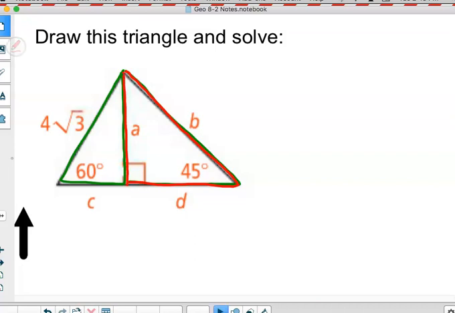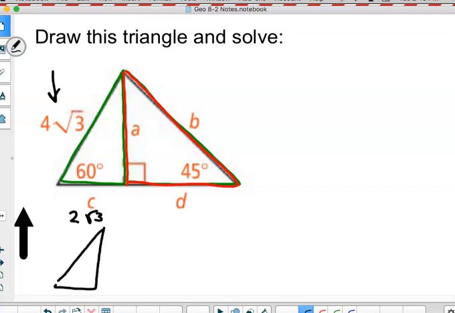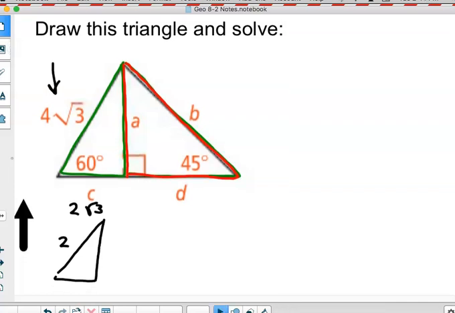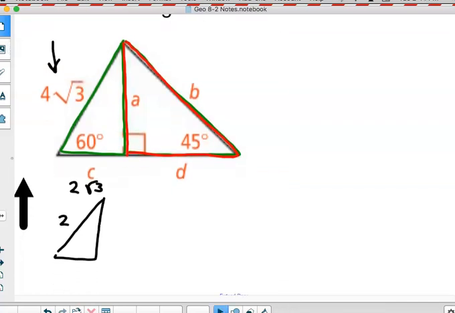Okay, now this is the hypotenuse. Half the hypotenuse is my short side, 2 square root of 3. Now remember, in a 30-60-90, this is 2x, this is x, and this is x square root of 3.